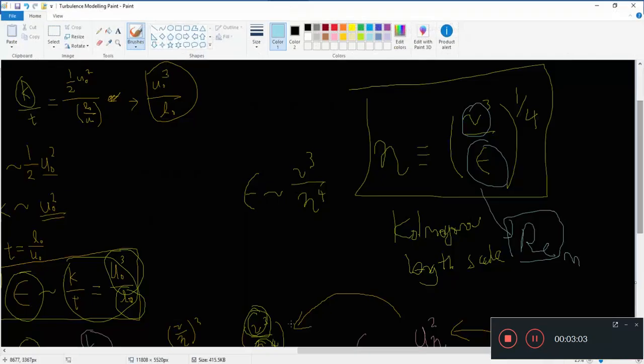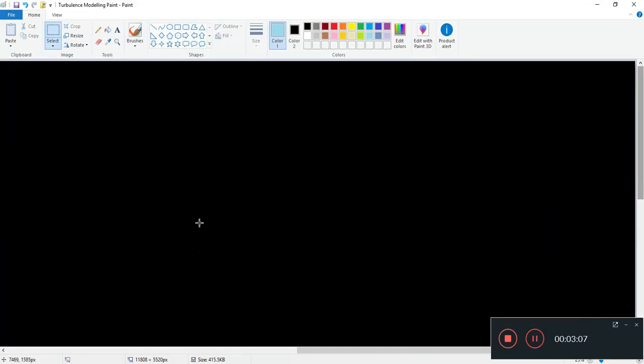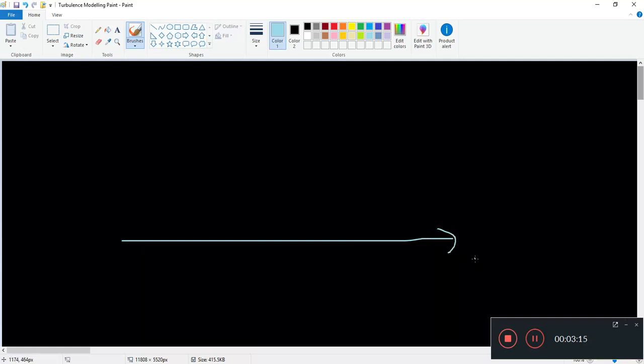So what does this look like? Let's have a quick drawing. Imagine you have a wall, and this is y, a distance from the wall. Maybe you use y plus, so this is 1, 2, 3.